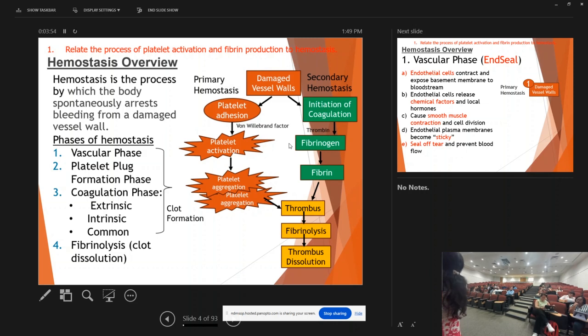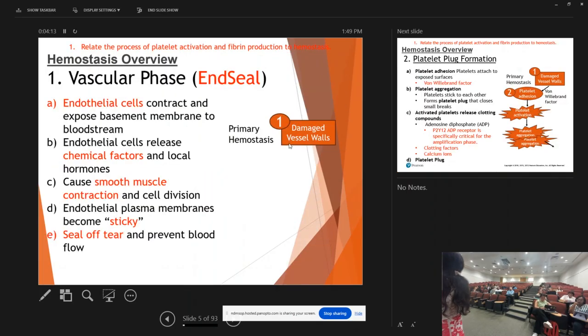So this is the whole big picture. And here, there are many things happening that we are going to review. And on the right side is also the coagulation cascade that takes place. So that together helps in forming this thrombus. Okay, so we're going to review each step now. First, let's look at the vascular phase.